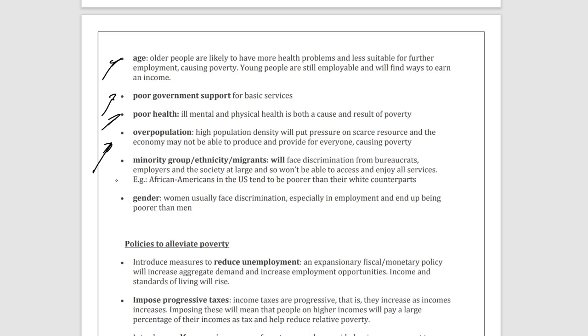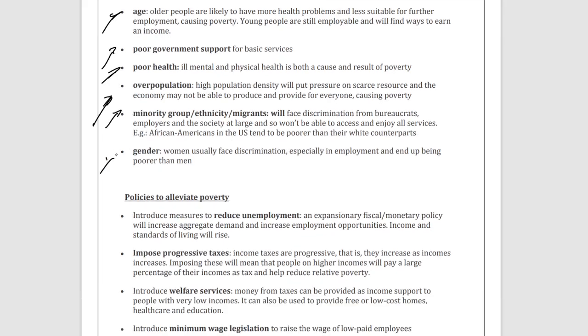Then we have migrants. Migrants won't be accepted in society, hence will remain in poverty, I guess, because they won't be able to find jobs and so forth.